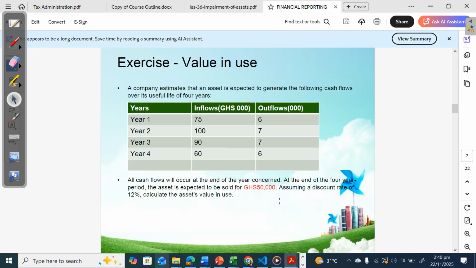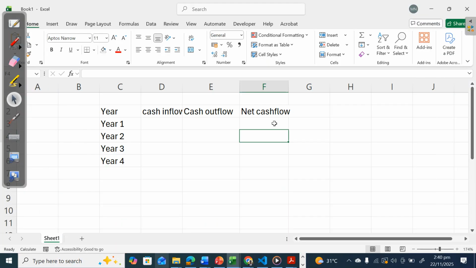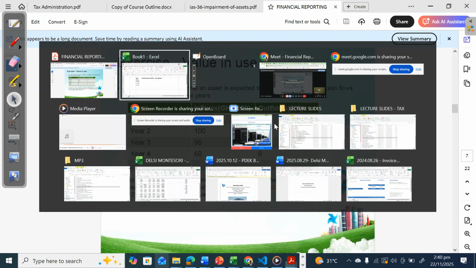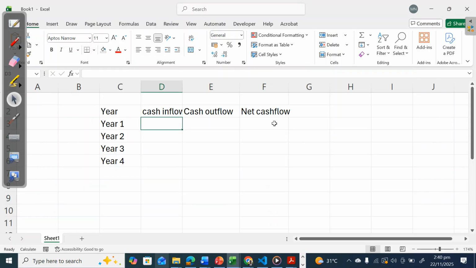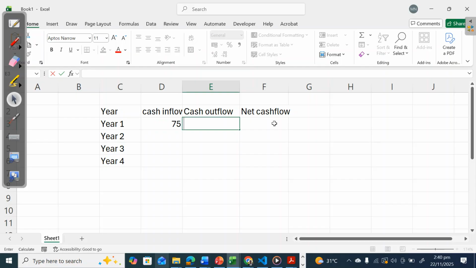So for year one, the cash inflow is 75,000, outflow is 6,000. So the net cash flow is the inflow minus the outflow.